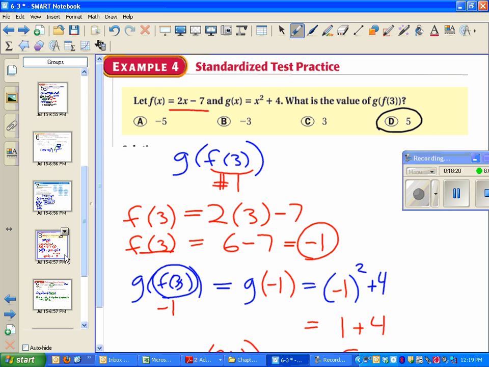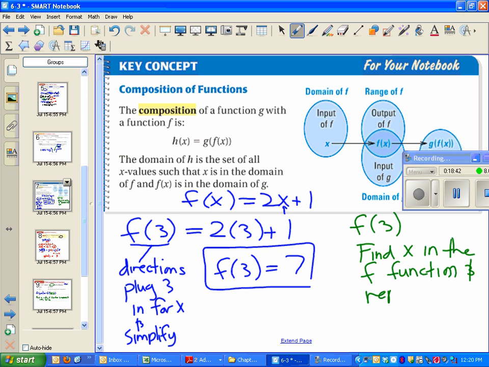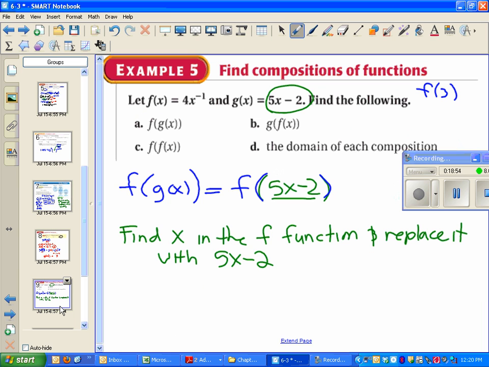So for this example, f of 3 meant directions. In our terms, f of 3 meant find x in the f function and replace it with 3. And then after that, we simplified. Okay. So we're doing the exact same thing with composition. Instead of it being 3, now we're going to find the x in the f function and replace it with 5x minus 2.